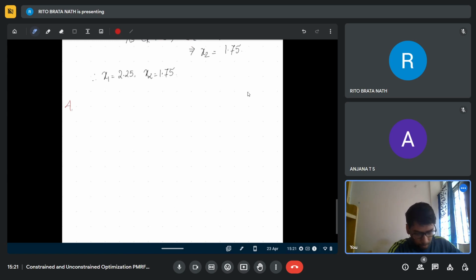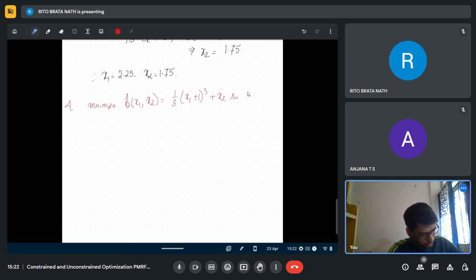Okay, so the fourth problem tells you to minimize f(x1, x2) equals one third of (x1 plus 1) whole cube plus x2.